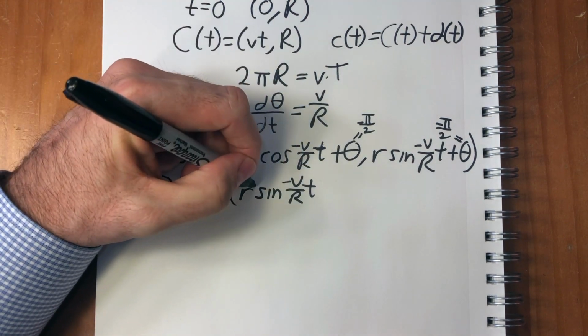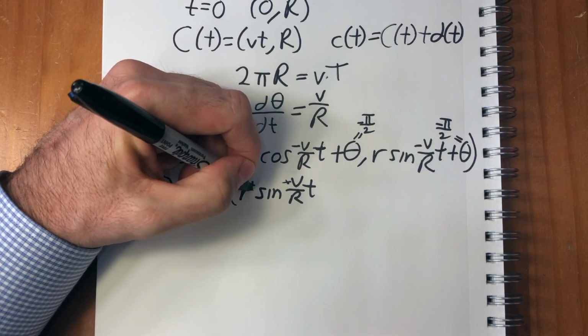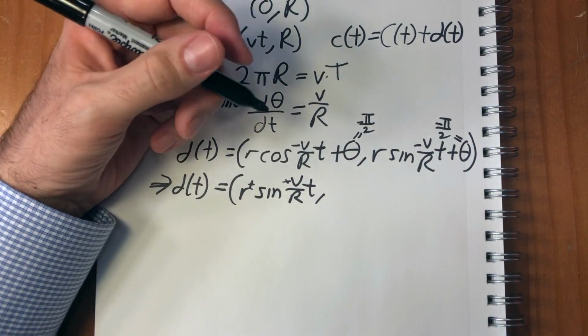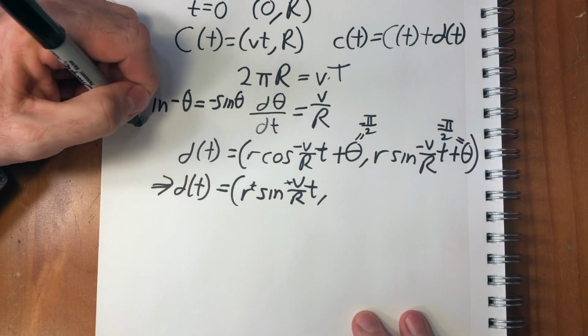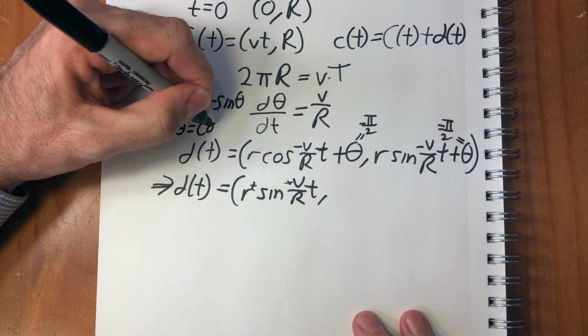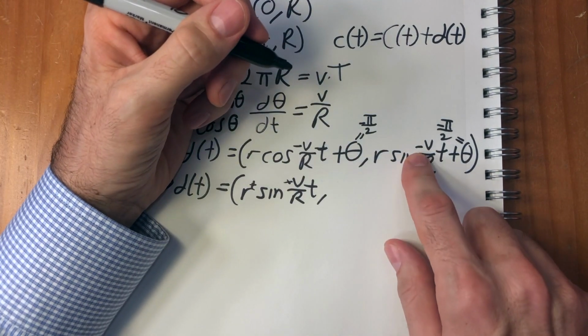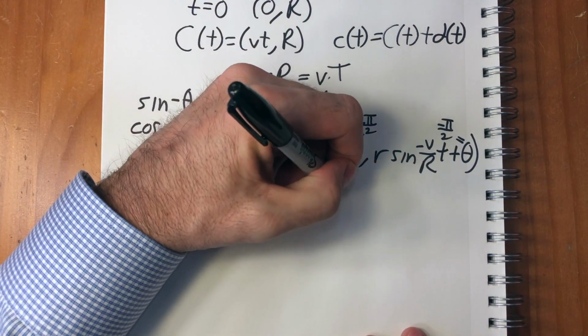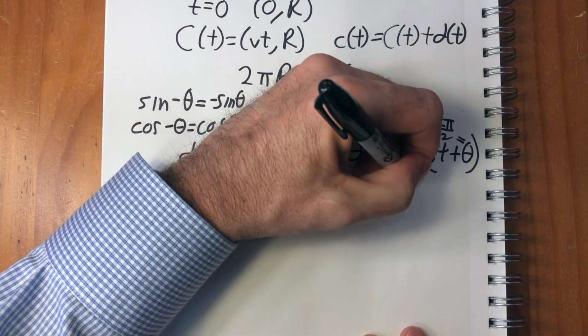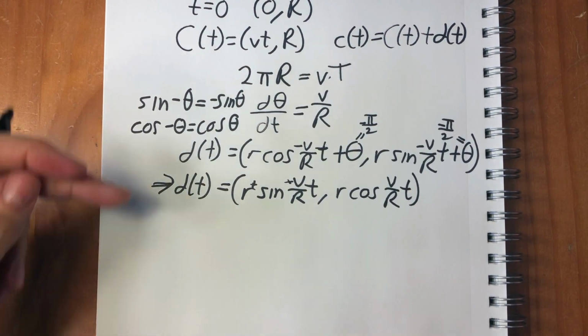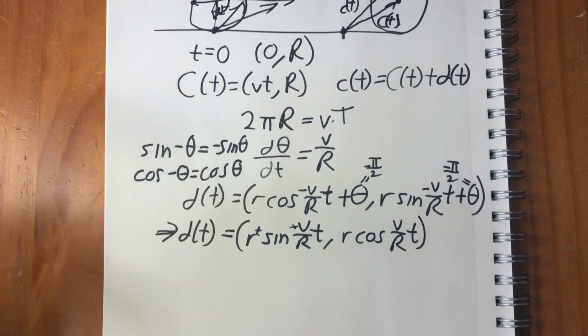So this is a minus and this is a minus, but then we can make them both plus, comma. Sine turns to cosine, and the other identity is that cosine of minus theta equals cosine of theta. So we can just get rid of that minus, because this turns into cosine, and then it's just v over r t. That's d(t). Now all we have to do is add c(t) plus d(t), and we'll have the answer.